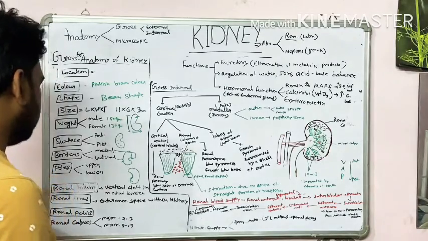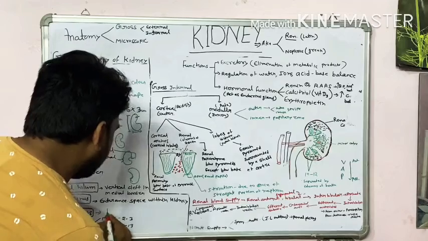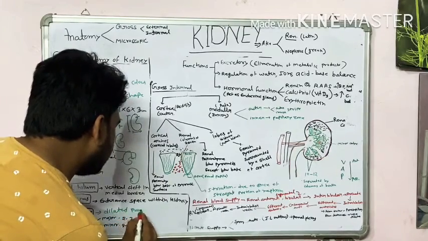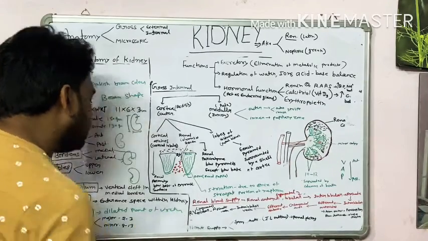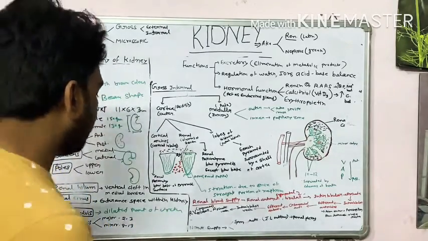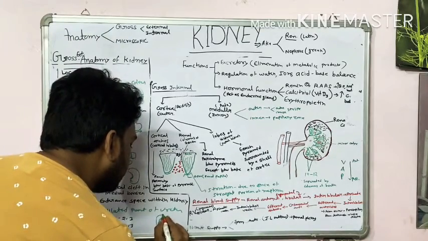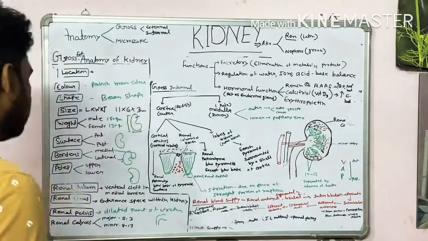Then renal pelvis is nothing but a dilated part of the ureter. Suppose this is the ureter. This dilated part of the ureter is known as renal pelvis.